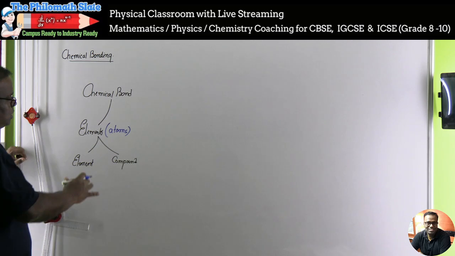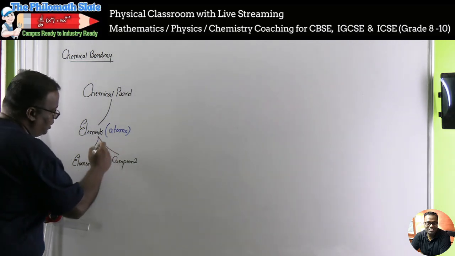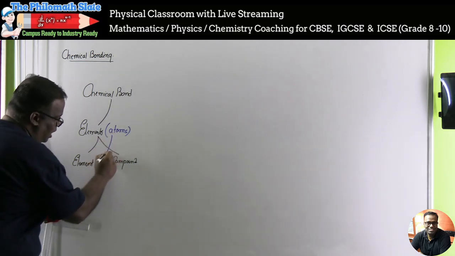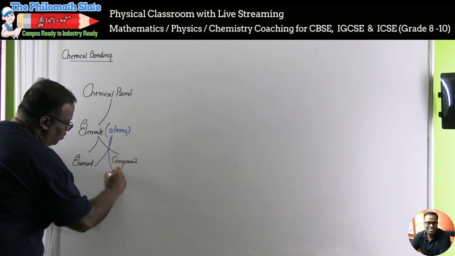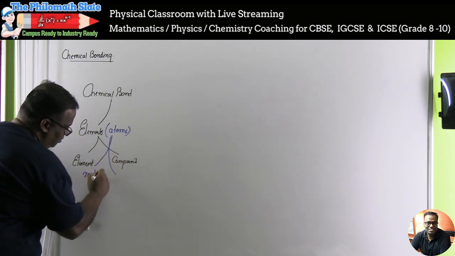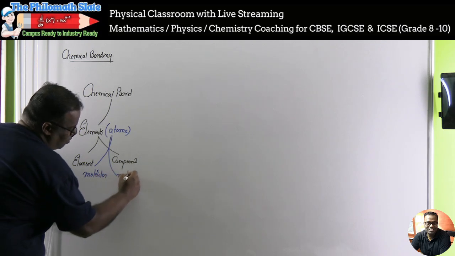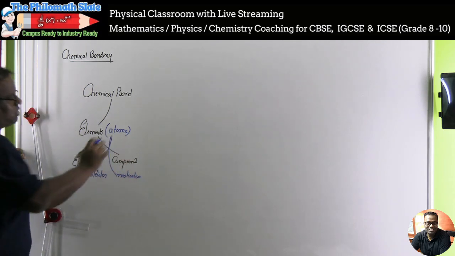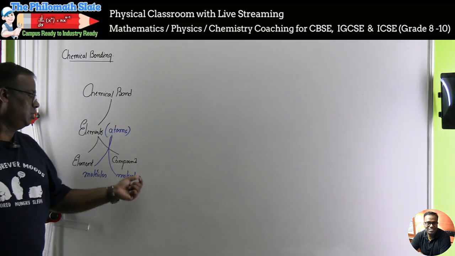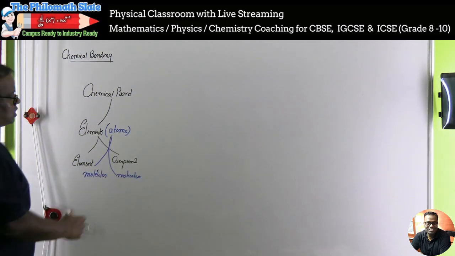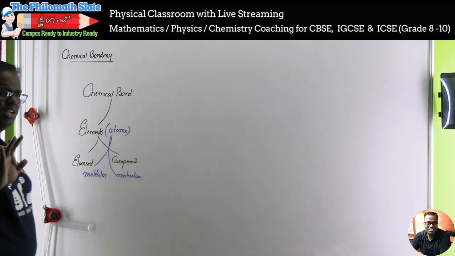So the atoms will bond, and if the atoms bond, you are going to get molecules under any circumstances. This side also you get molecules. Let's have the picture clear. The molecules can be molecules of a compound, or molecules of an element. Are we clear on this?